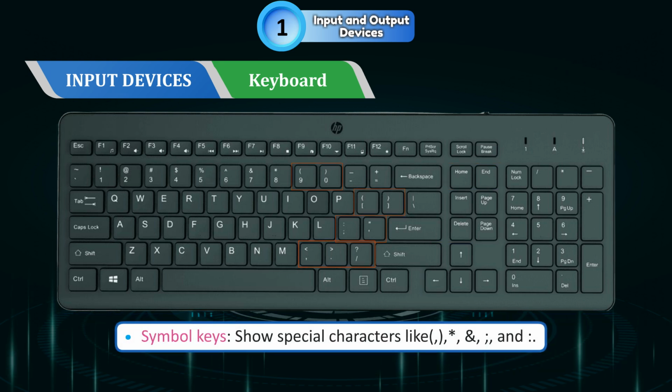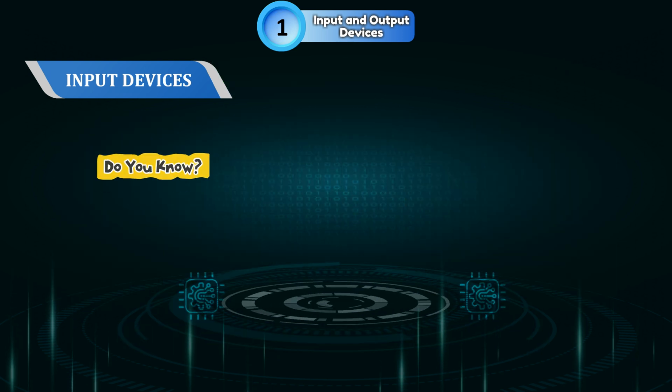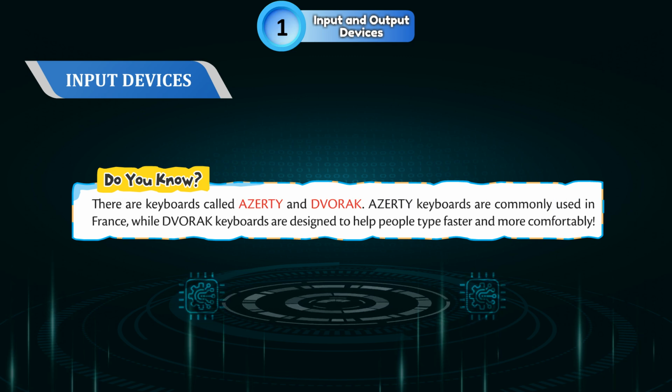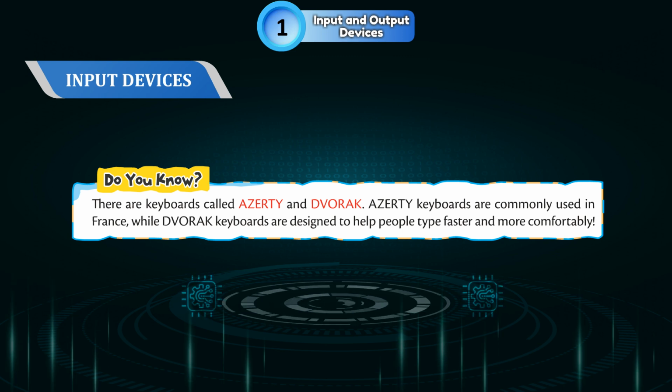Symbol keys show special characters. Do you know? There are keyboards called AZERTY and Dvorak. AZERTY keyboards are commonly used in France, while Dvorak keyboards are designed to help people type faster and more comfortably.